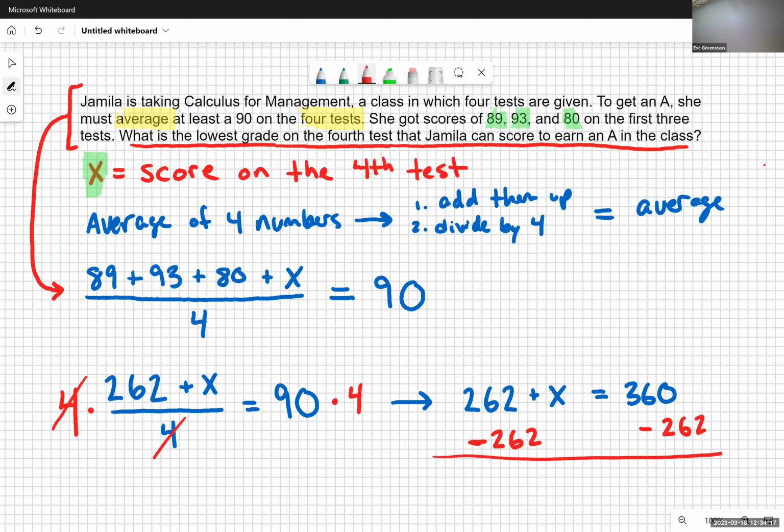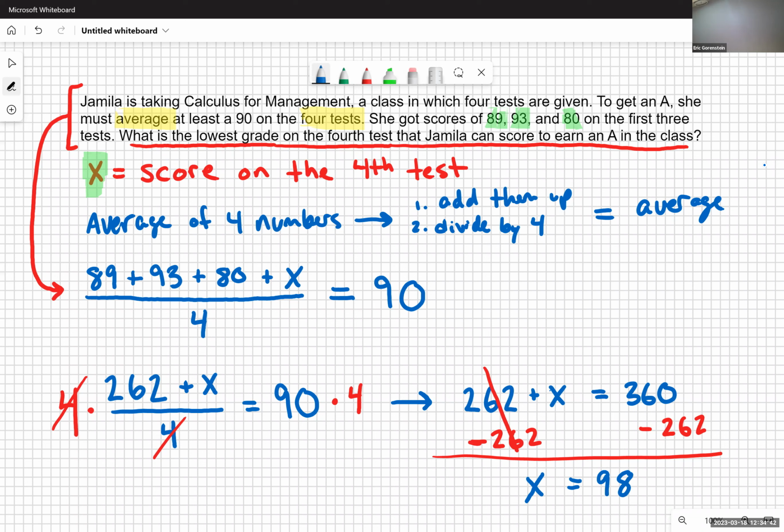So on the left-hand side, the positive and negative 262s cancel, right? So that gives us x. And that was our goal, to isolate the variable x. And on the right-hand side, if we take 360 minus 262, again, you could take out a calculator for this, absolutely. We get 98.